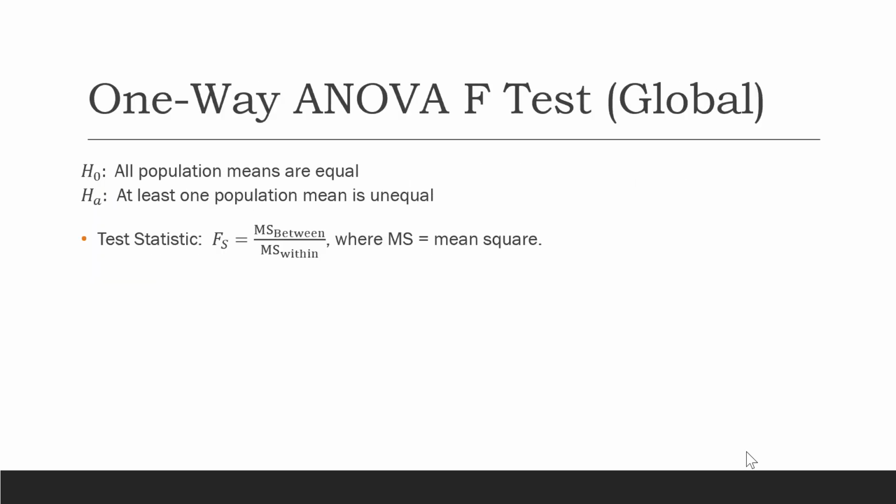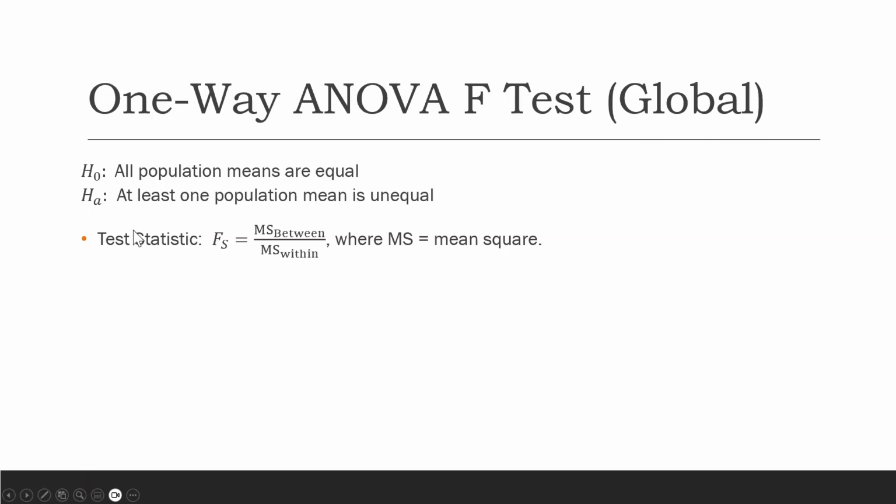And so if I want to know the full one-way ANOVA F test, these once again are our null and our alternative hypotheses. Because we're not specifying which mean is necessarily different, sometimes we call this a global test because it's not specific enough to tell us which mean is different, right?